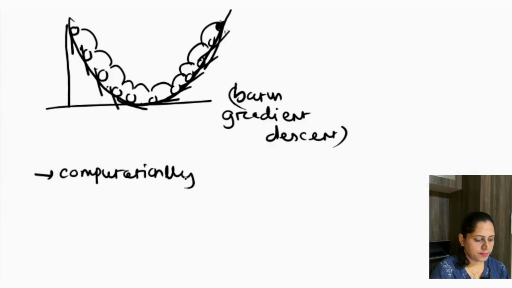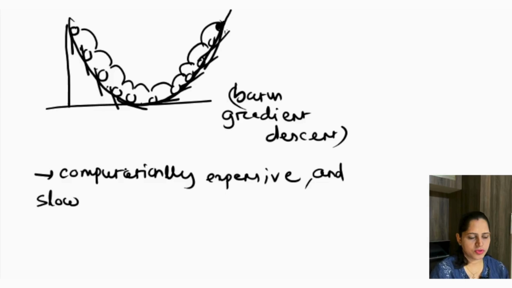It is computationally expensive and slow, though, but it is being used in many cases. When you are considering small data sets, that case it is fine, but for larger data sets it is not.